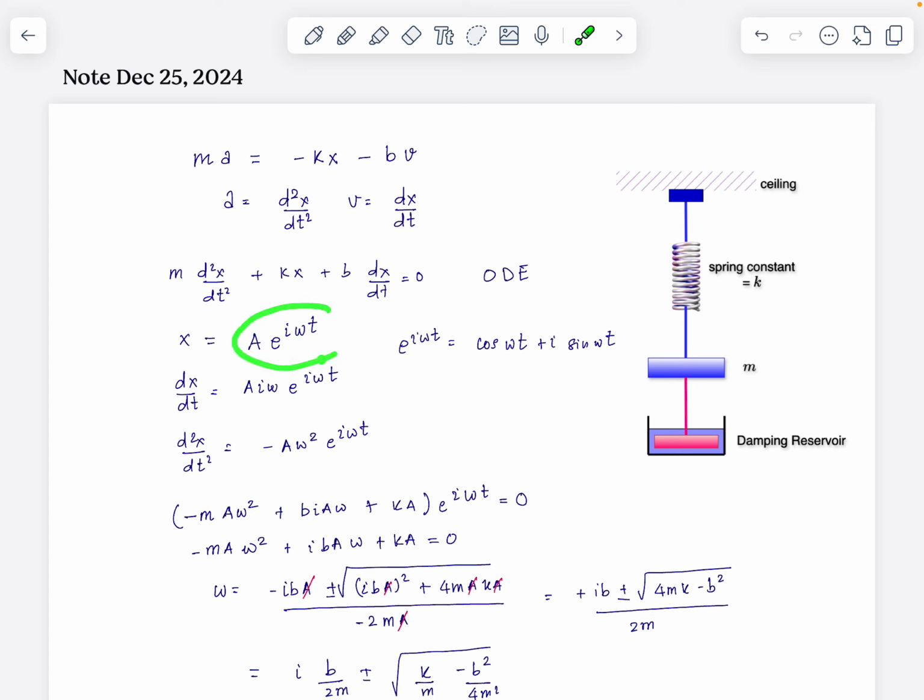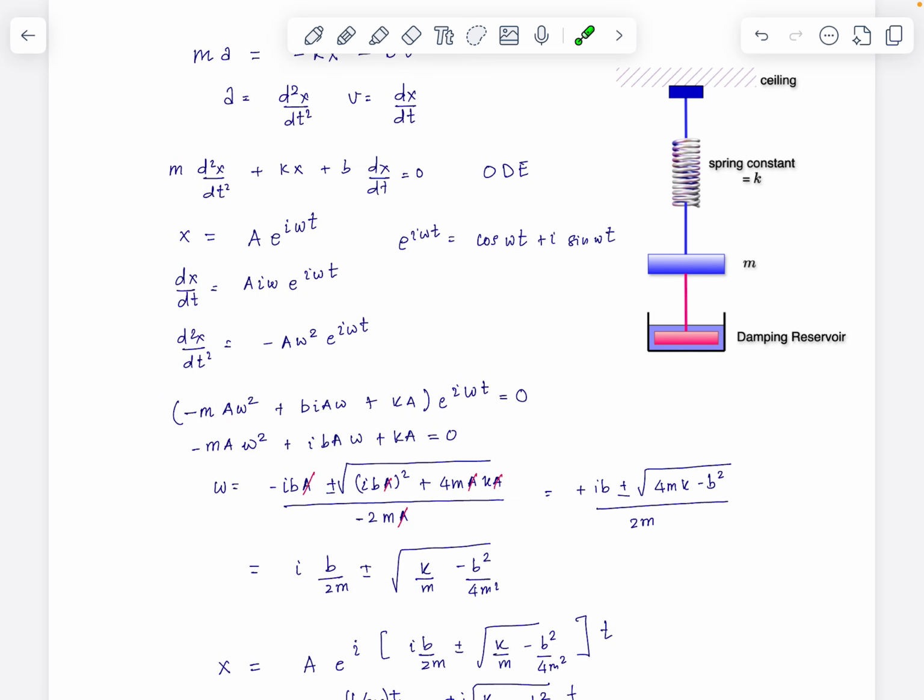So we can write a general solution for this as x equals a times e to the power I omega t, where e to the power I omega t is written as cos omega t plus I sine omega t, and I is the square root of -1. So both the real and the imaginary parts are trig functions, or sinusoidally varying functions. We find the first derivative, the second derivative, and we substitute those in this equation to get this algebraic equation, because e to the power I omega t cannot be 0.